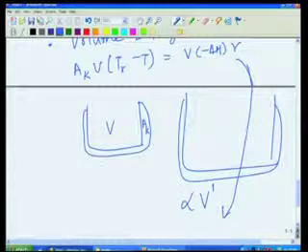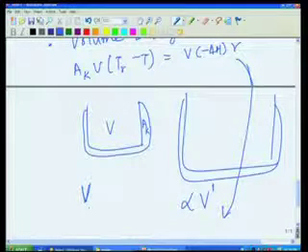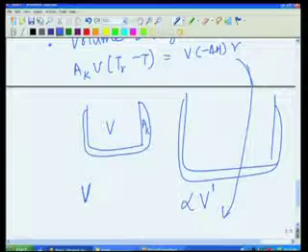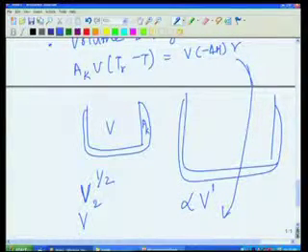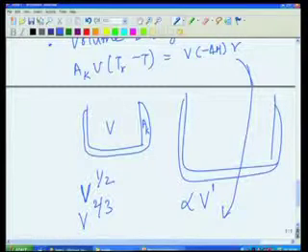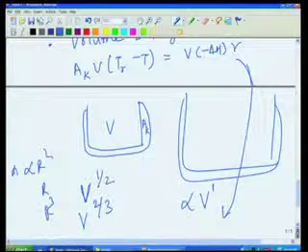My heat removal rate, if the reactor is cylindrical or tubular in nature, it will be V to the power half, if it is spherical 2/3 and so on. Why? Because your area will be proportional to either R square or R cube, depending on which kind of reactor you have.